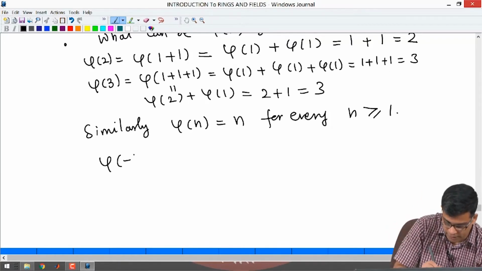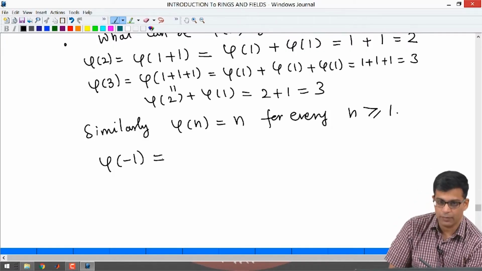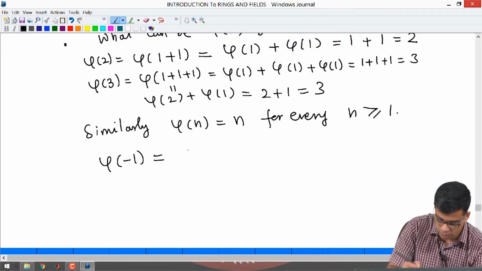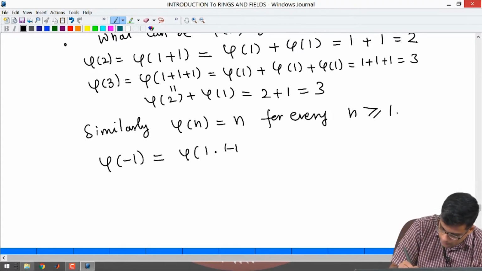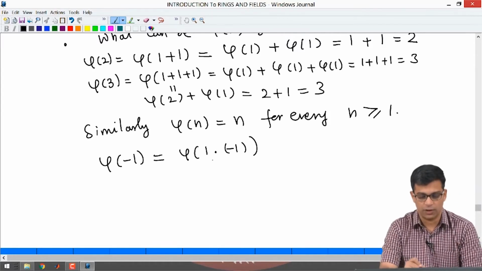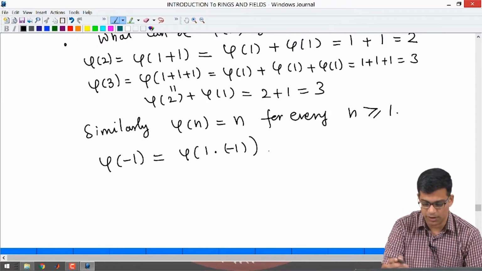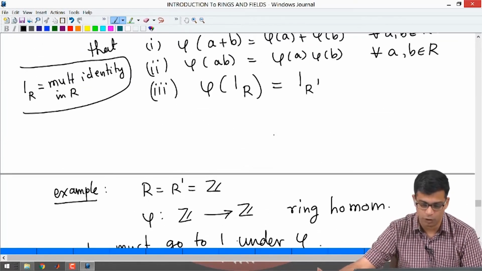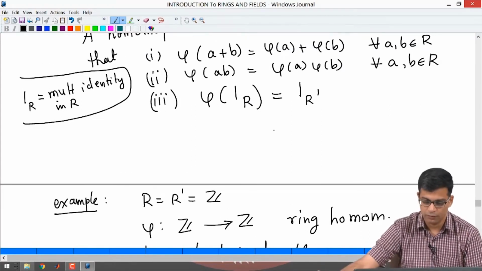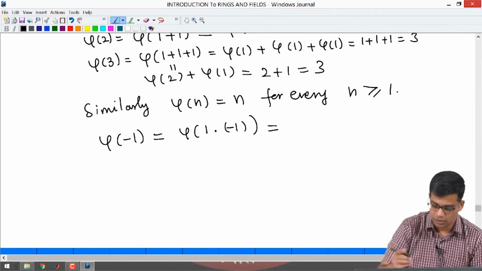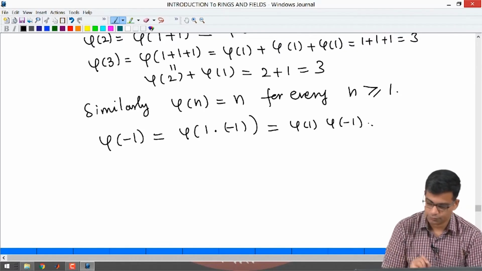So, what is phi of minus 1? Phi of minus 1 should be whatever it is. Phi of minus 1 is equal to phi of 1 times phi of minus 1, because minus 1 is 1 times minus 1, but because of the second property of ring homomorphism in the list that I wrote here, phi of AB is phi of A times phi of B. So, phi of 1 times minus 1 is phi of 1 times phi of minus 1.